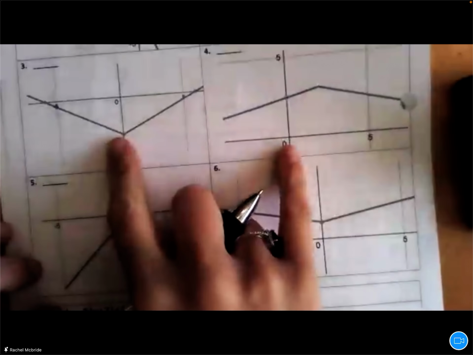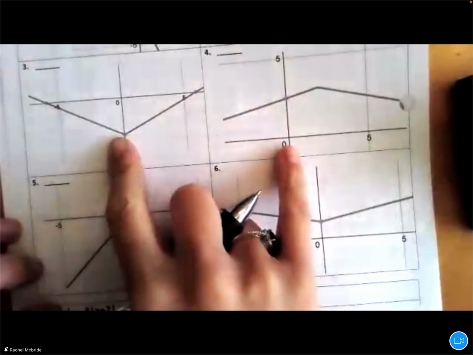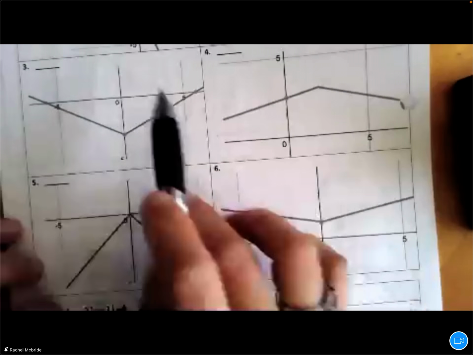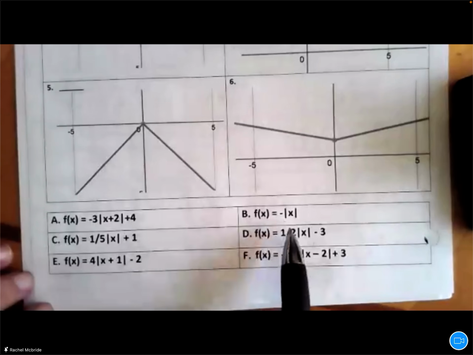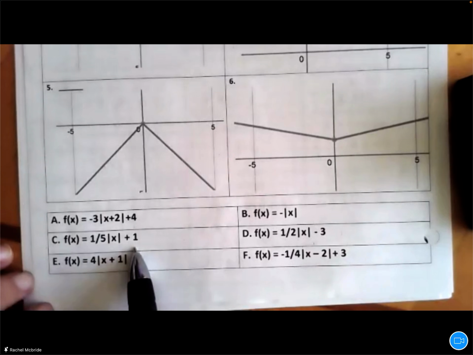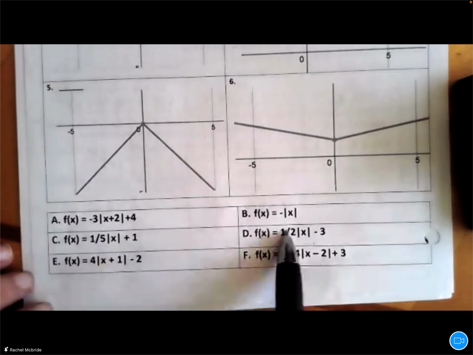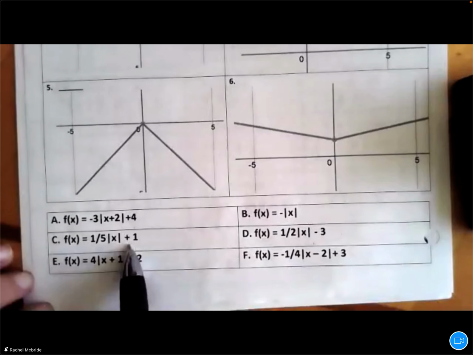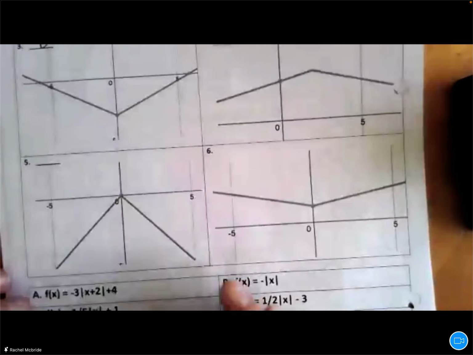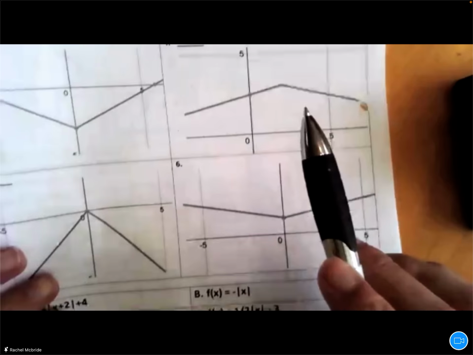Three and 4 are definitely compressed. 4 is just shifted straight down. So we're looking for one that's just an absolute value without any changes inside. So compressed, no changes inside. And then you need to compare your shifts. So this is shifted up, this is shifted down. Therefore 3 is D. 4 is reflected and compressed.